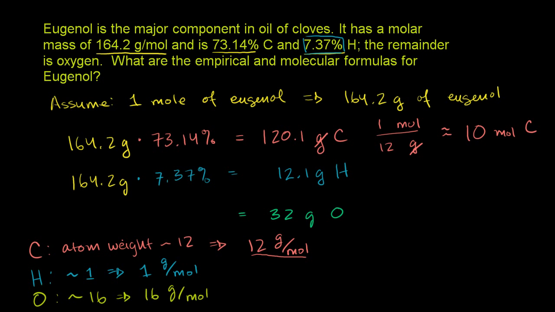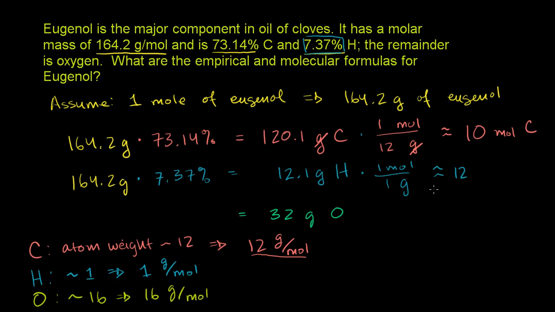Now let's do the hydrogen. There's a multiplication here. We have 1 mole of hydrogen for every gram, taking the reciprocal. So this is just going to multiply out. We could say 12.1 moles of hydrogen, but because we're looking for formulas, that's pretty darn close to 12.